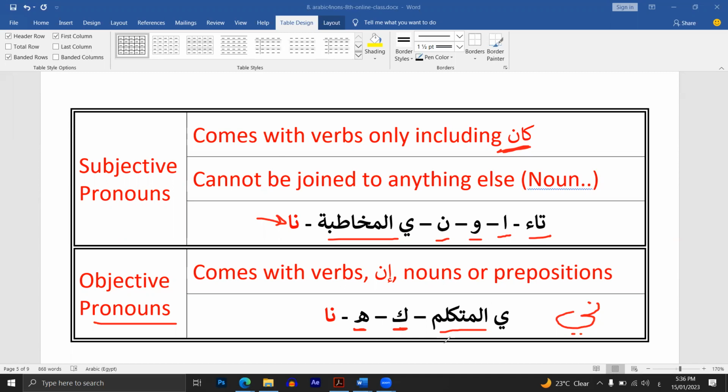Once you see one of these three pronouns connected to a verb, they will be the object of this verb. Okay, including na. And moreover, these four pronouns can be connected to a noun and preposition. Once they join nouns, they will be possessive pronouns.